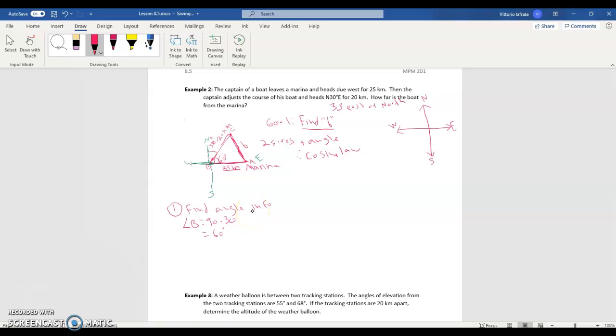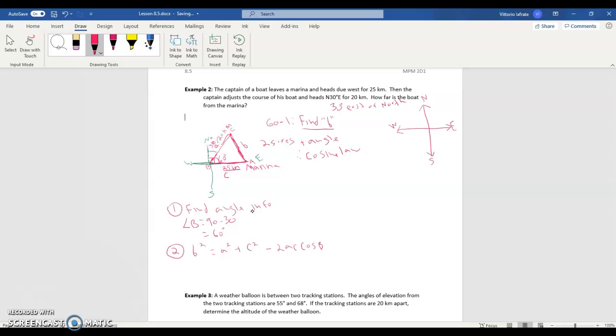So now step 2 is, let's find b using the cosine law. So b squared is equal to a squared plus c squared minus 2ac cos of angle B. So this is little c over here. And then across, this is little a over here, 20 kilometers.